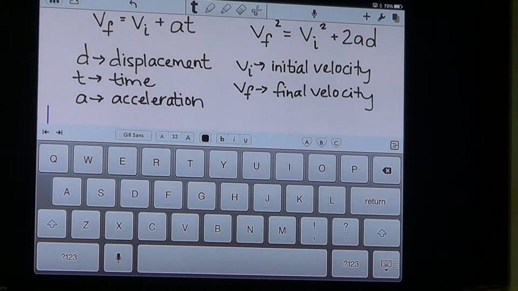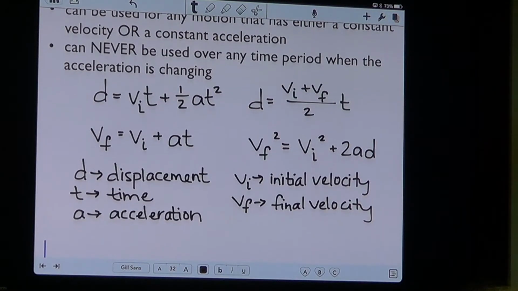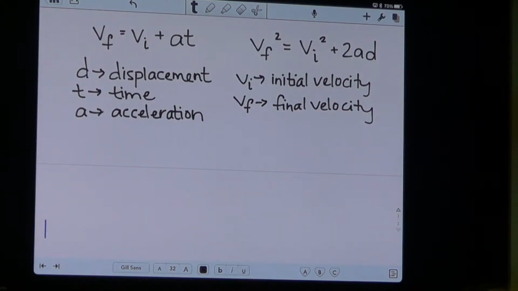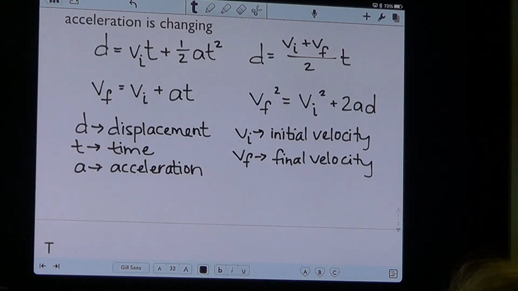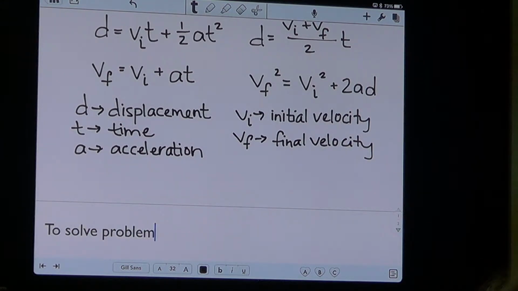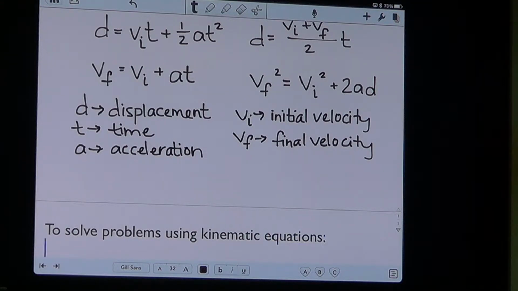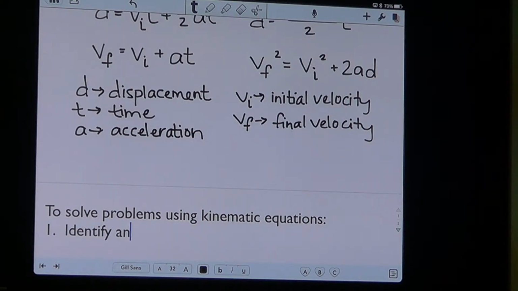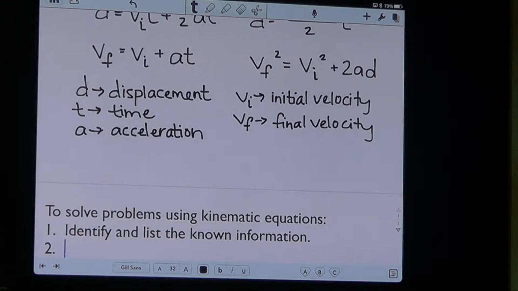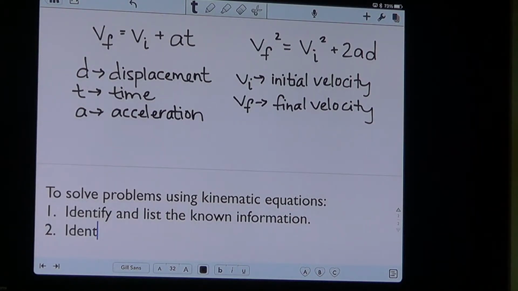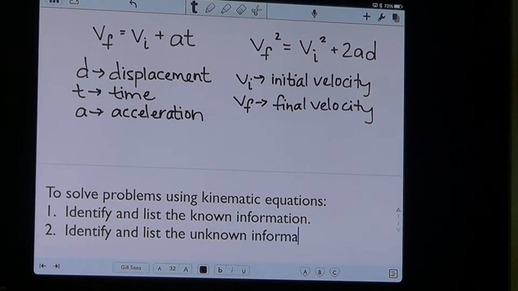Okay? So, to solve problems using kinematic equations, first you identify and list the known information. Then you identify and list the unknown information, which hopefully is only one thing, or else we'll have some problems.